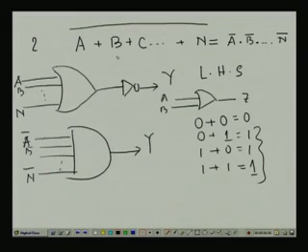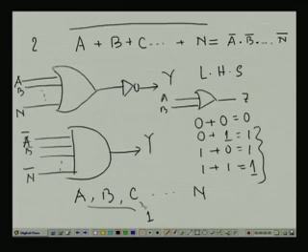So, that means from this A, B, C up to n, if any one is 1, then the OR output will be a 1, and the left hand side is actually the complement of the whole thing, the n input OR gate. See the results. So, it will be 0.